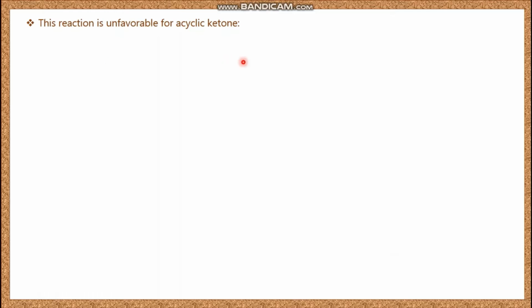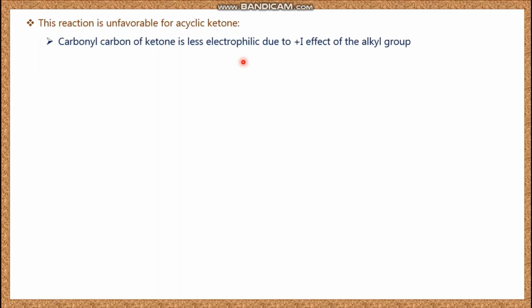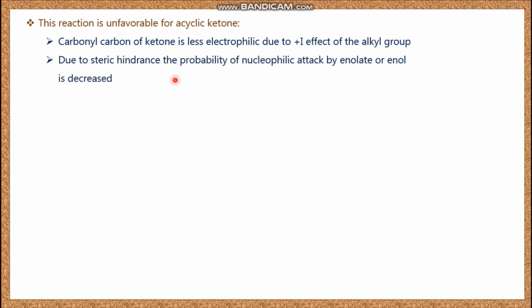And this reaction is unfavorable for acyclic ketones. What we said is related to aldehydes, but for acyclic ketones this reaction is unfavorable or less possible. Why? The carbonyl carbon of a ketone is less electrophilic due to its plus I effect.